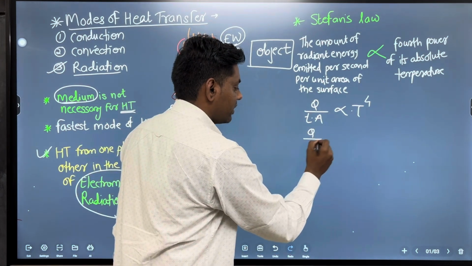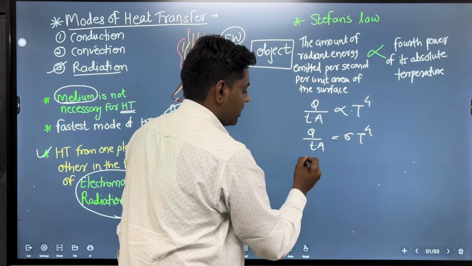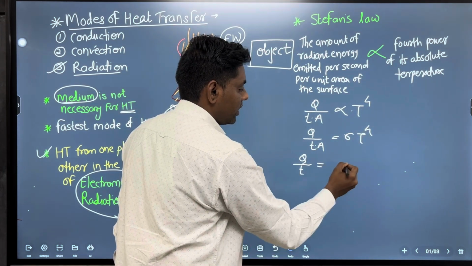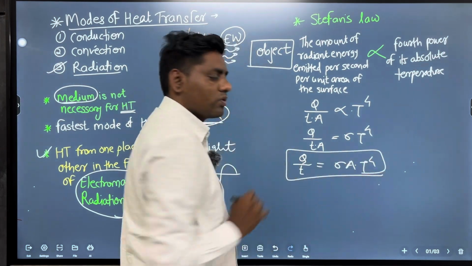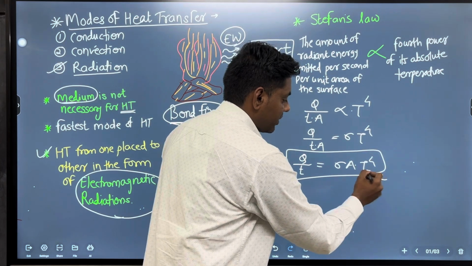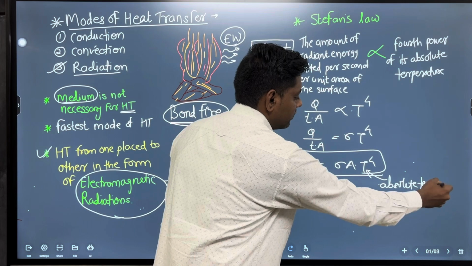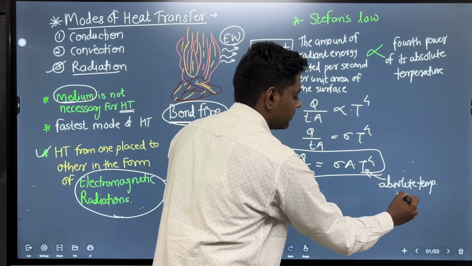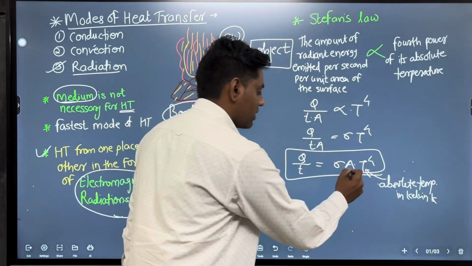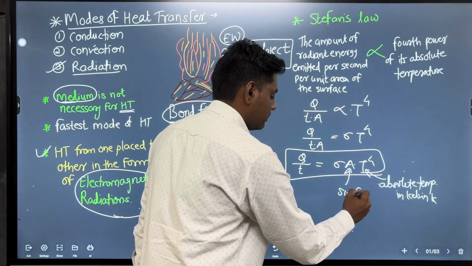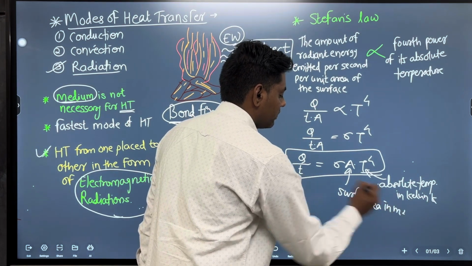Then Q divided by t into A is equal to sigma into T raised to 4. Therefore Q by t is equal to sigma A T raised to 4. Where T is the absolute temperature in Kelvin, and A is the surface area in meter square.